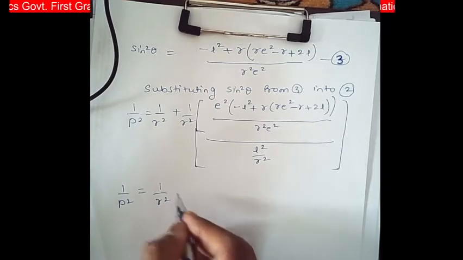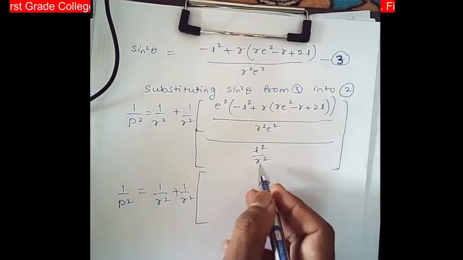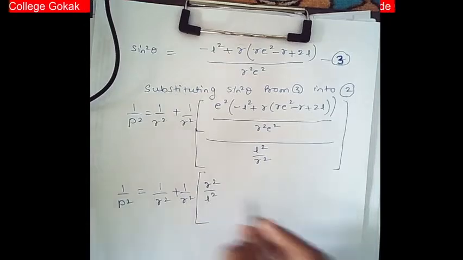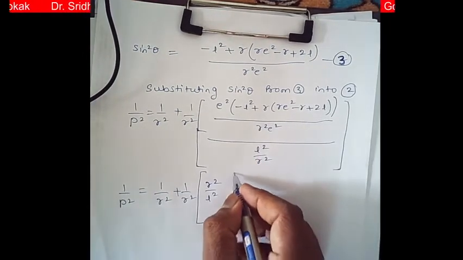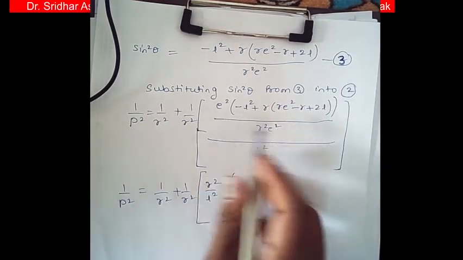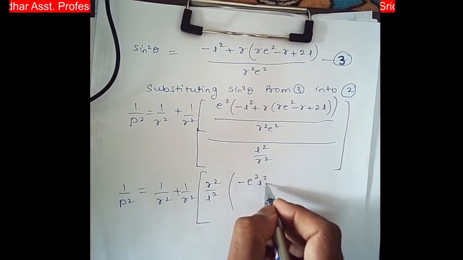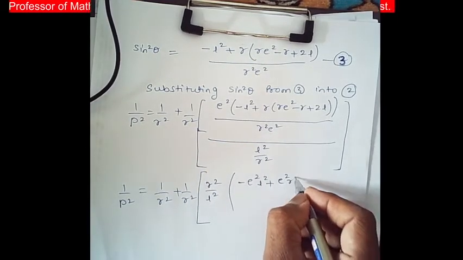So again simplifying, 1 by p square is 1 by r square plus 1 by r square into bracket. Now this comes in the denominator and it gives r square by L square. Then into bracket I multiply these two, so minus e square L square, then plus e square r square.